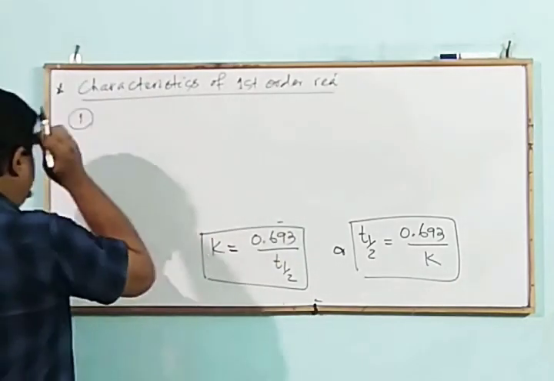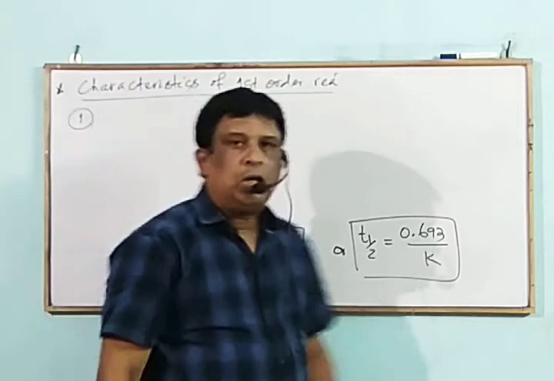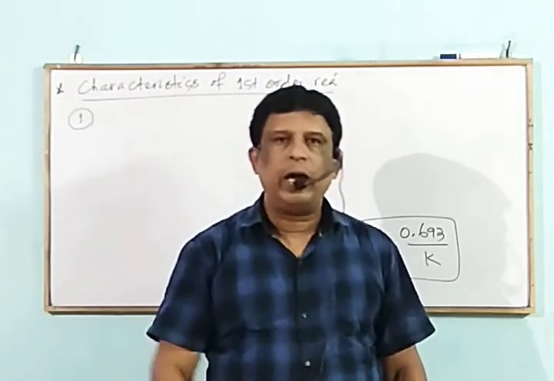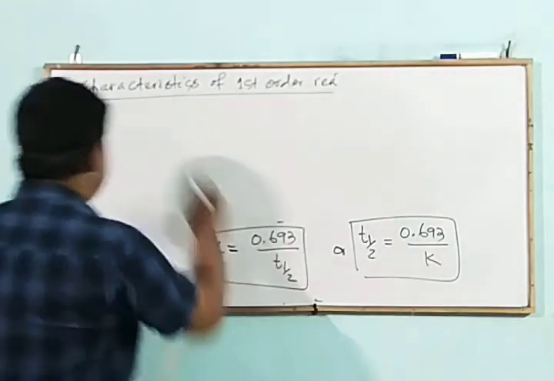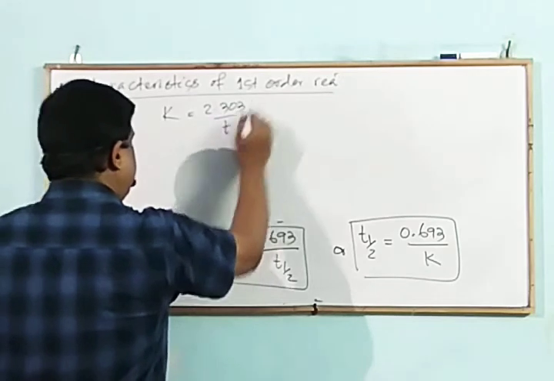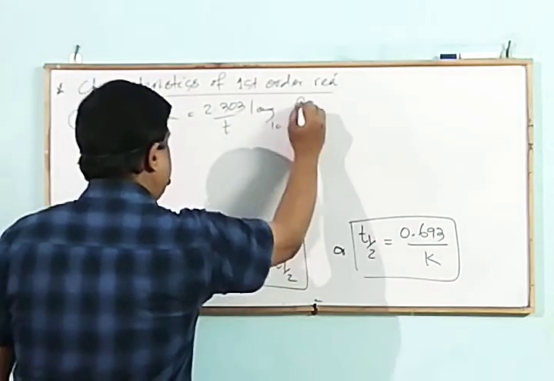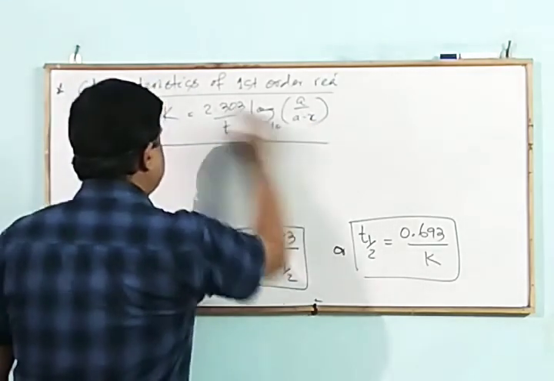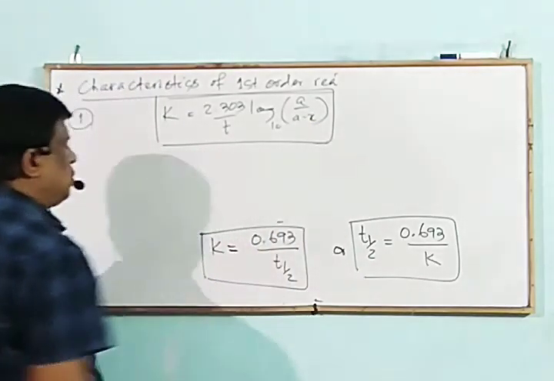Point 1, mark that. All first order reactions must obey this equation. What is the equation? K is equal to 2.303 by t log base 10 a by a minus x. All first order reactions must obey this one.